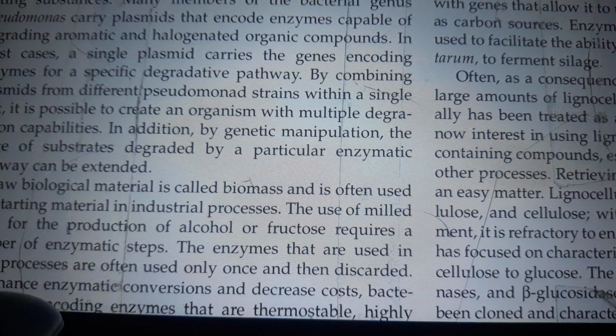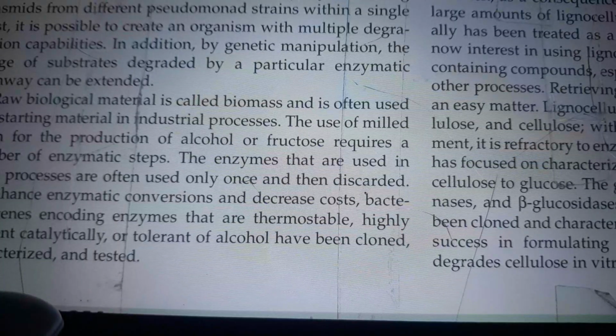In most cases, a single plasmid carries the genes encoding enzymes for a specific degradative pathway. By combining plasmids from different pseudomonad strains within a single host, it is possible to create an organism with multiple degradation capabilities. In addition, by genetic manipulation, the range of substrates degraded by a particular enzyme pathway can be extended.